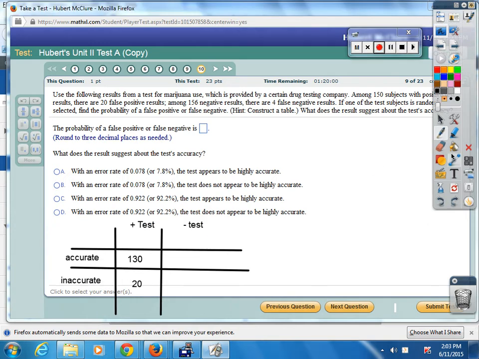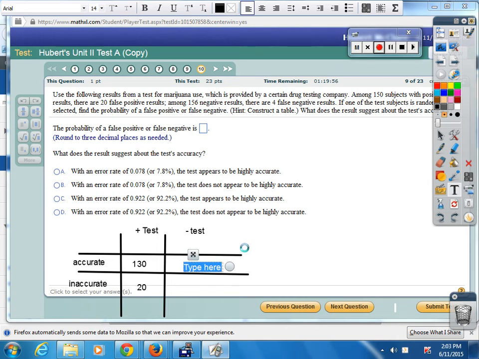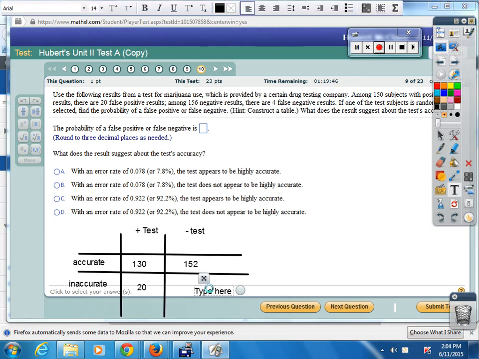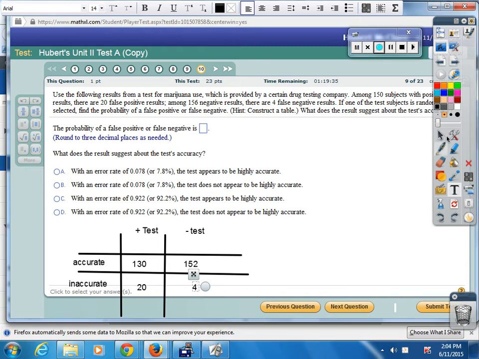So make sure I put them in the right place. 152 and 4. It's like working with a piece of barbed wire. Some of y'all don't even know what barbed wire is, but anyway.